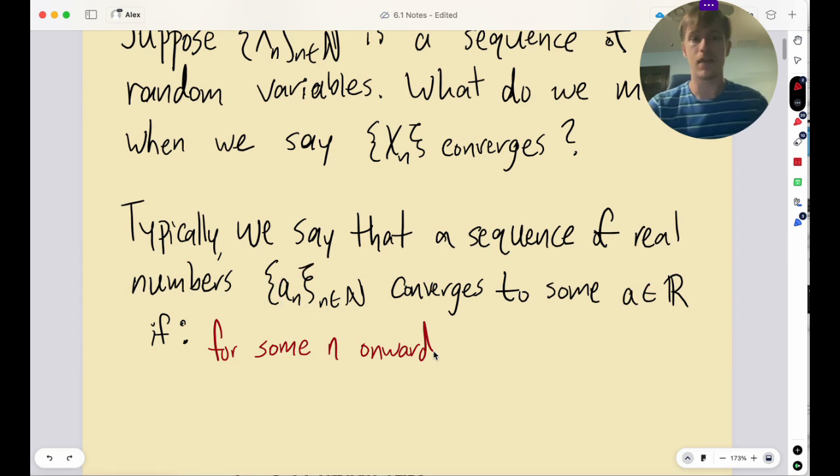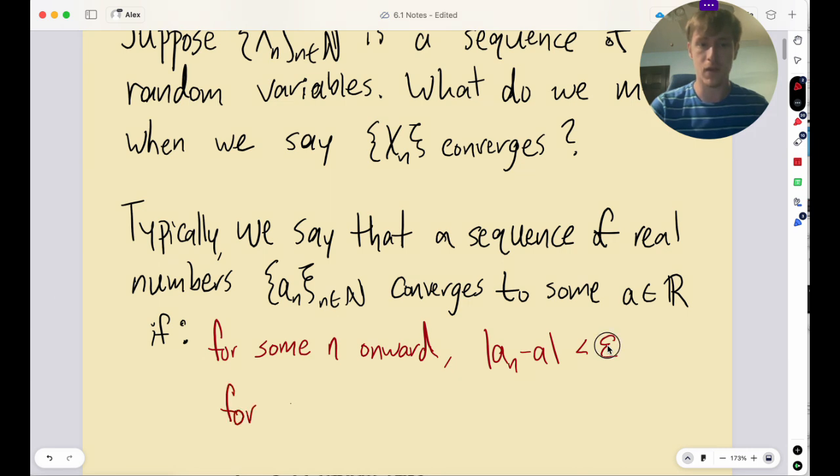In fact, they get so close that the distance between a sub n and a in absolute value is smaller than any possible number that I could pick. Typically we let that be epsilon and say that a sub n minus a in absolute value is less than epsilon, for epsilon some arbitrary positive real number.